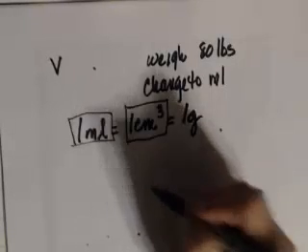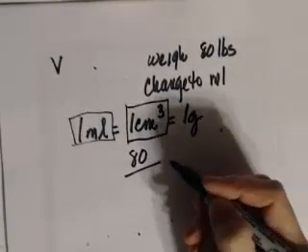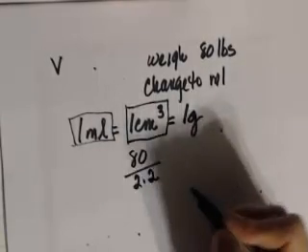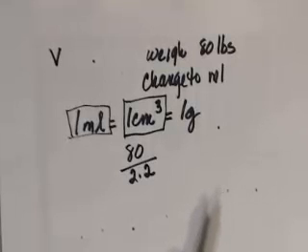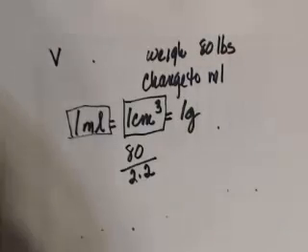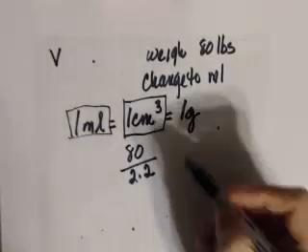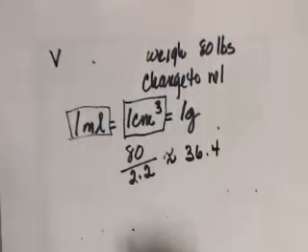So I'm going to take the weight of 80 pounds and I'm going to divide it by 2 2/10. So 80 pounds divided by 2 2/10. So that's approximately 36 4/10.